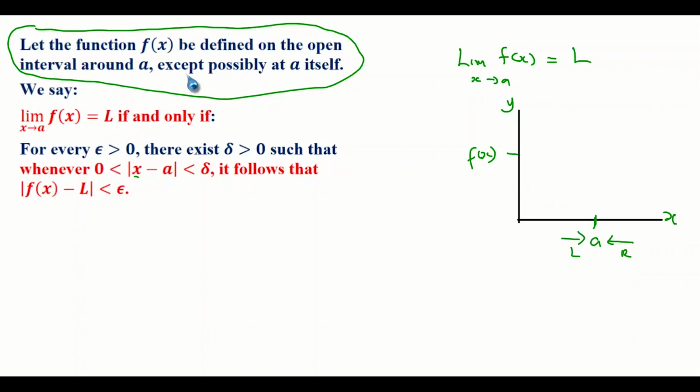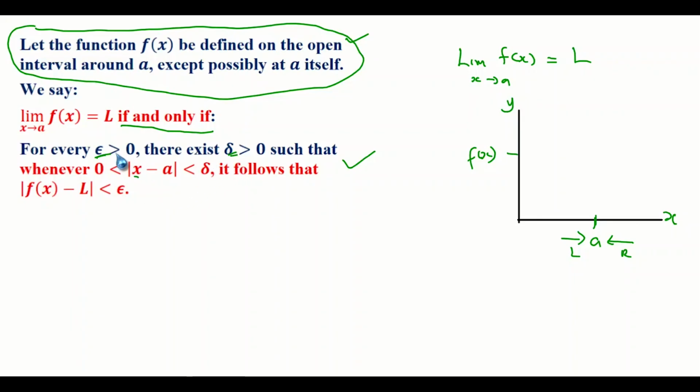So this side has been explained. Now let's come here. If this is true, then we say that the limit as x approaches a of f of x is equal to L if and only if, so the limit will exist if and only if this holds, that is, for every epsilon greater than 0, epsilon must be positive. Very soon I will tell you the meaning of epsilon and the meaning of delta.